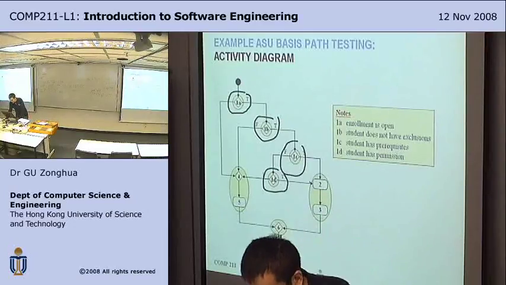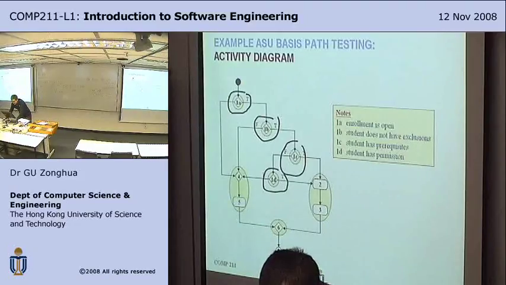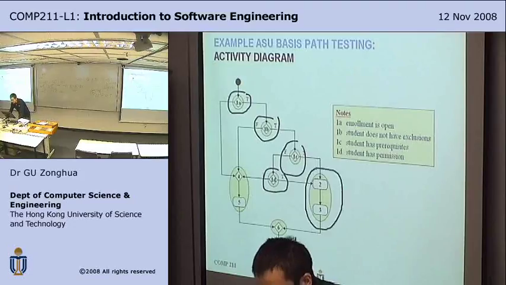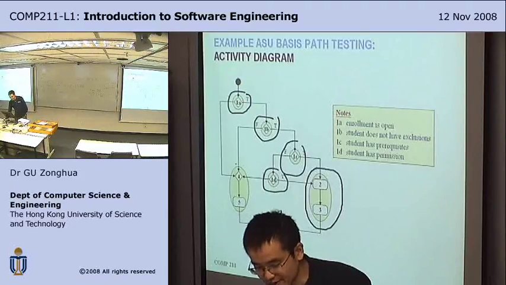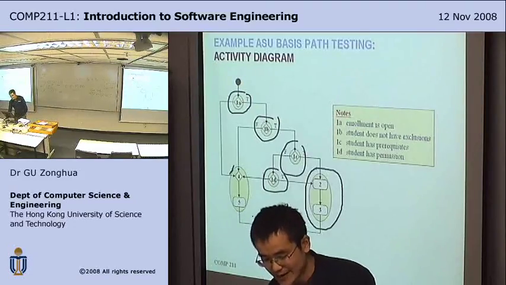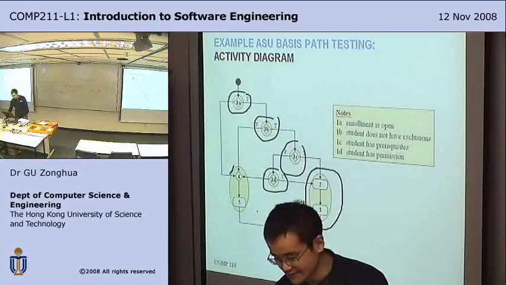If you fall here, it means that the student can register. And if you get to here, the student cannot register, and registration fails. And finally, you merge to the end.